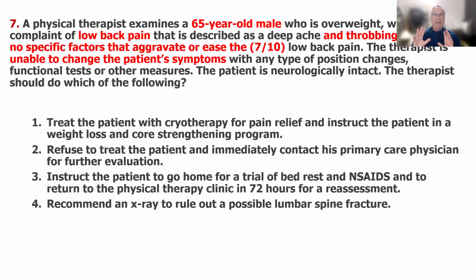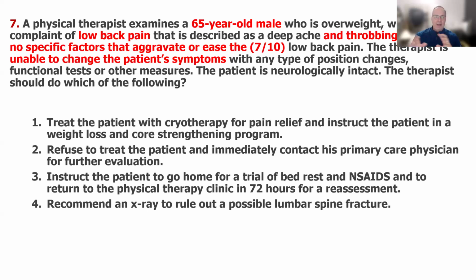That's unusual, isn't it? When we talk about aggravating and easing factors, a typical patient that comes into our clinic with low back pain is going to say, it feels better when I do this, it feels worse when I do that. But what is being described here is this person's symptoms are pretty constant, because the therapist is also unable to change them with any kind of position changes, functional tests, or other maneuvers.